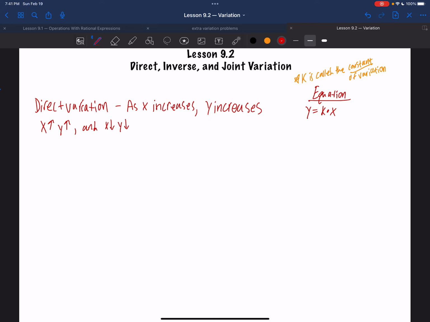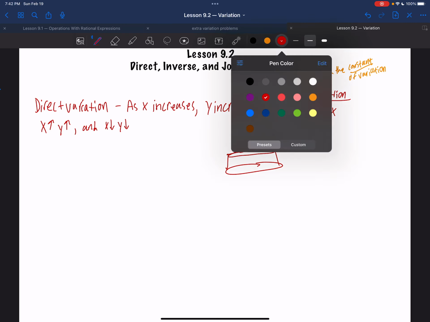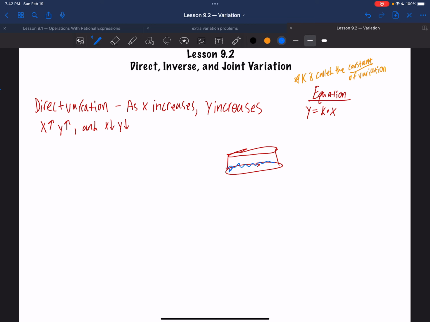Okay. And by the way, maybe an example of direct variation would be, suppose I've got a cylinder and I fill it up with water. Here's some water in my cylinder. So the water has some volume, V, and however much water's in there, it's got to be some certain height. Now, suppose I increase the volume of the water, so I add more water into the container.